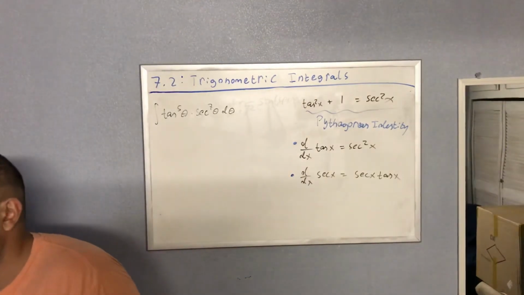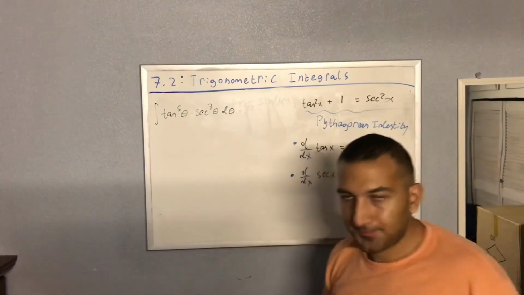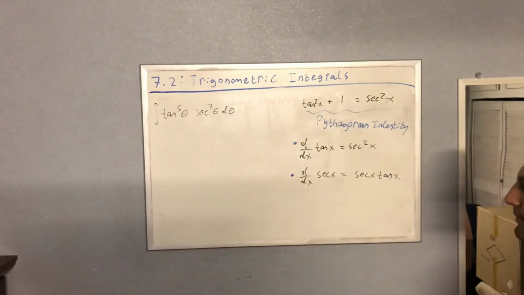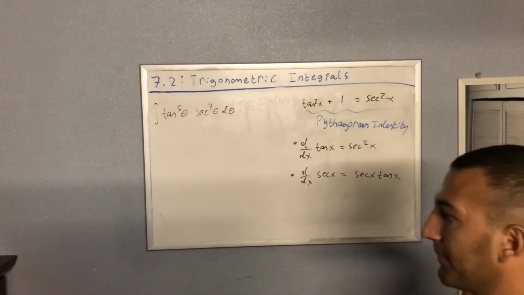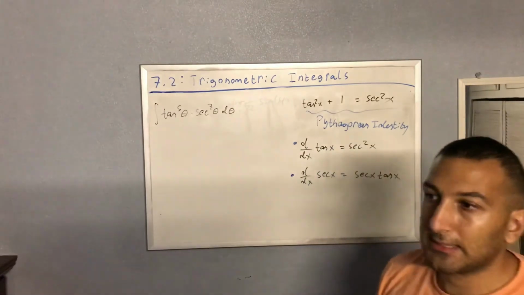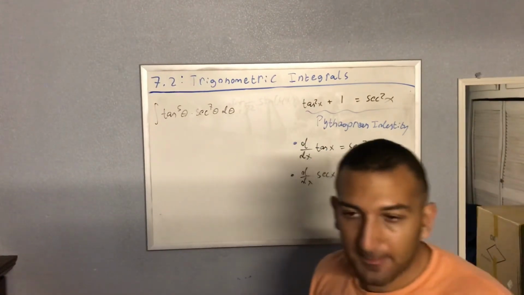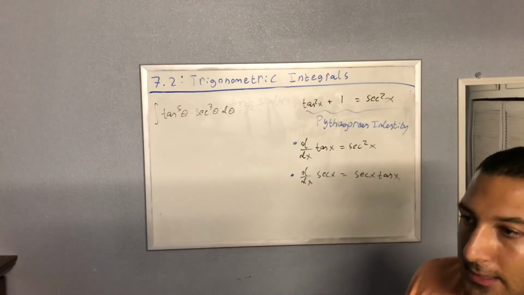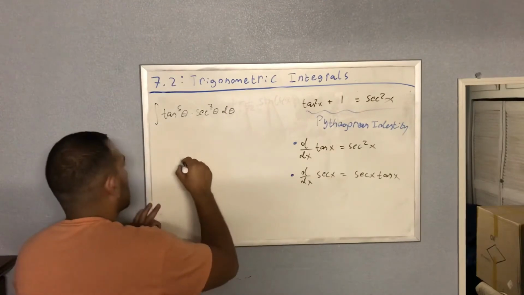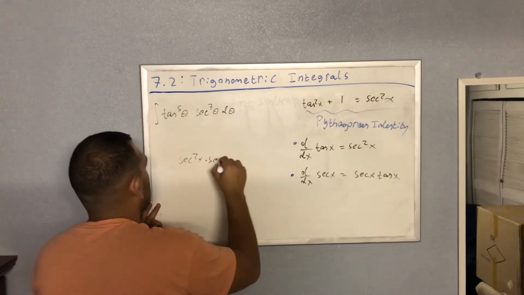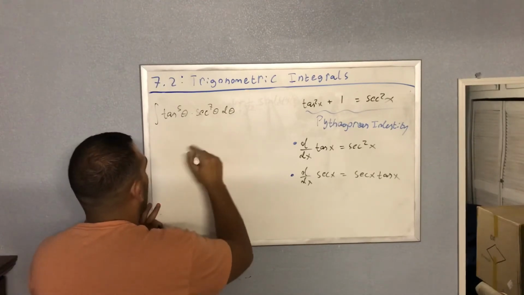Now the nice thing about what we did previously is the power of secant was even, meaning that we were able to write secant to the fourth as secant squared times secant squared. The problem here is we won't be able to do that.